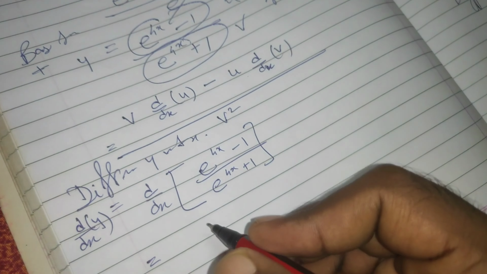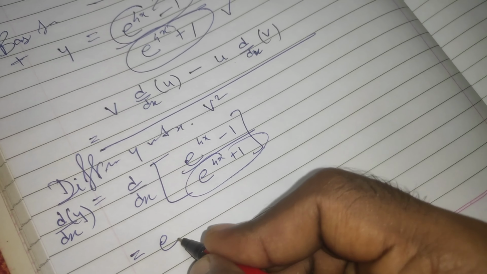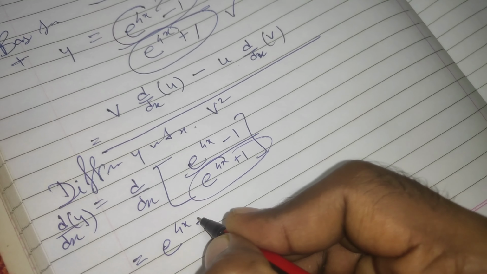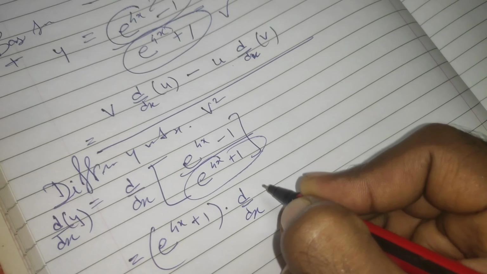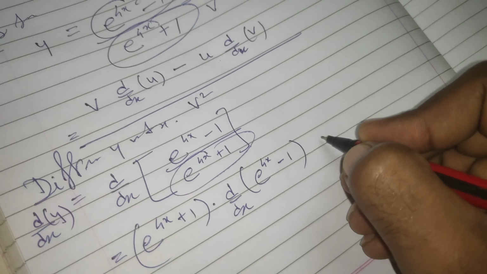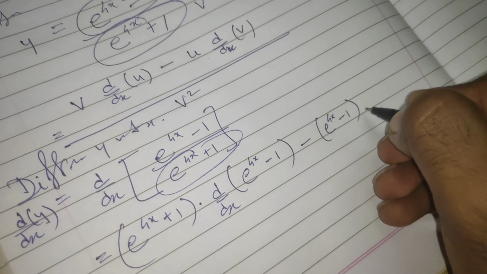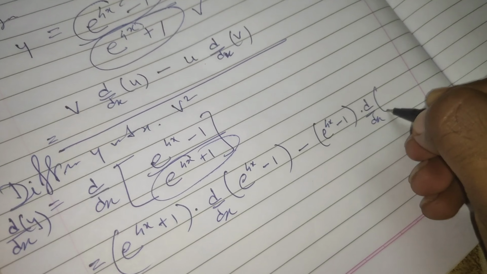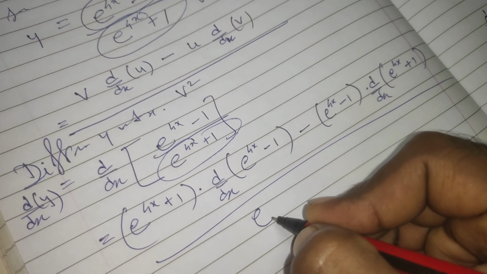So v is the denominator, e raised to power 4x plus 1, bracket, into the derivative of u, the numerator e raised to power 4x minus 1, minus e raised to power 4x minus 1 into the derivative of the denominator e raised to power 4x plus 1, upon the denominator e raised to power 4x plus 1 whole square.